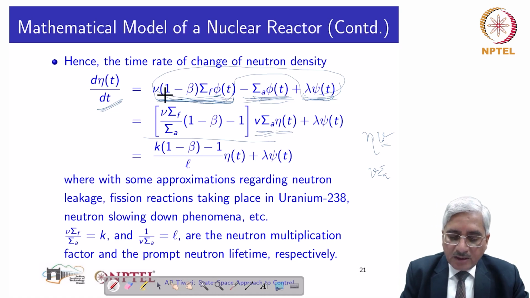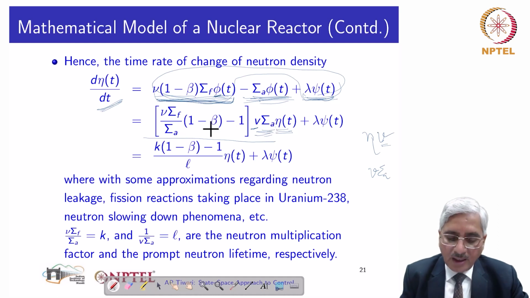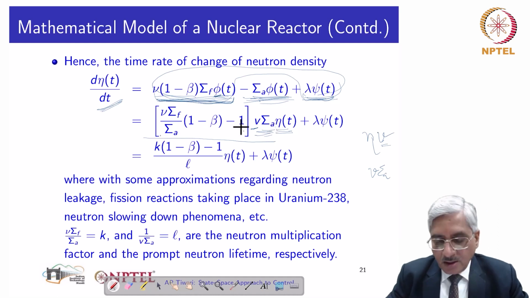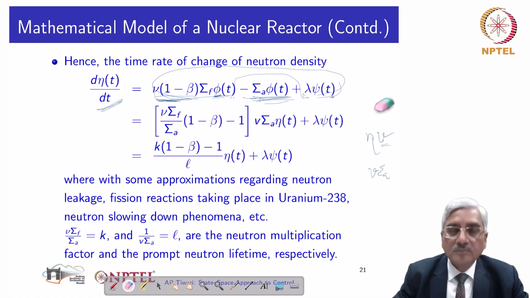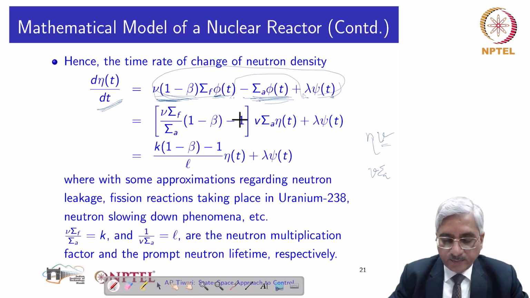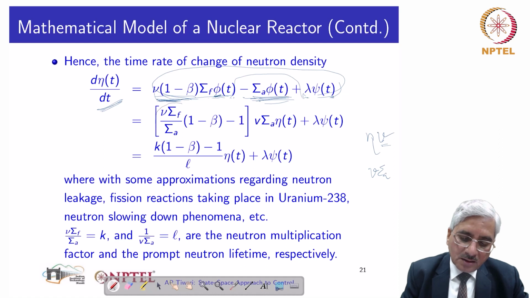So what has been done: this has been divided by sigma A, phi has been substituted by eta times v, and because we divided by sigma A, we are also multiplying, just a rearrangement. So it is written like this: nu sigma f by sigma A times (1 minus beta) minus 1, and this we are denoting by K.